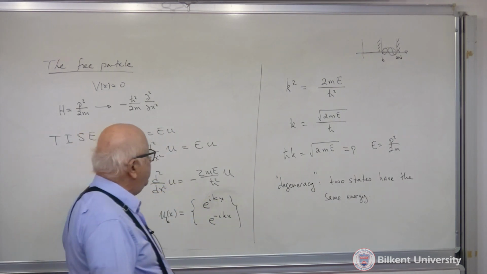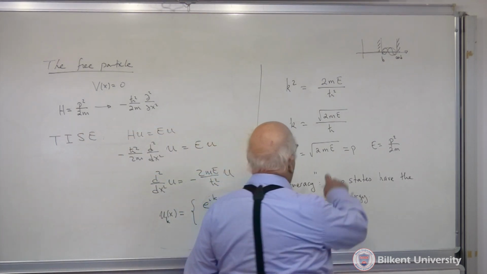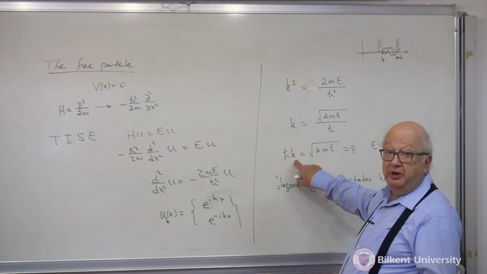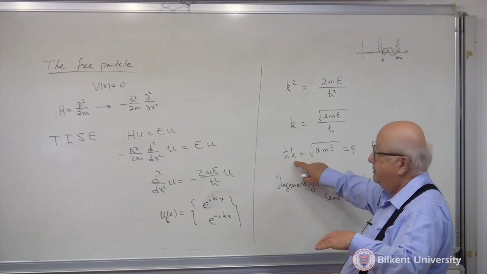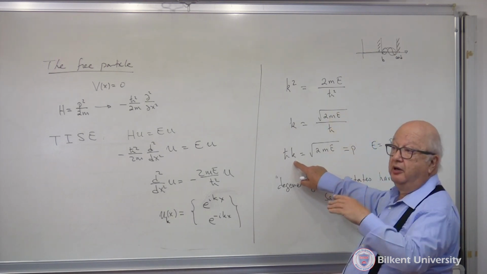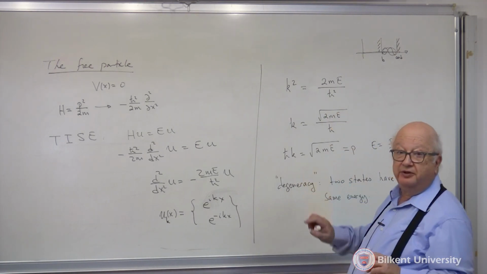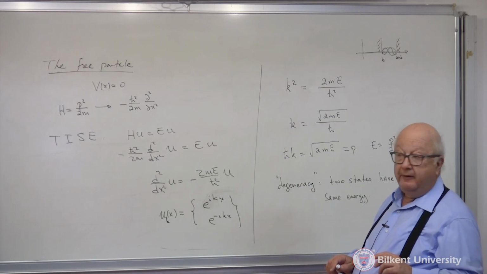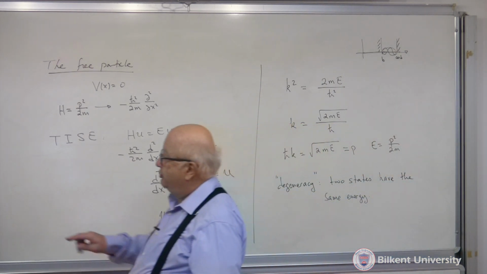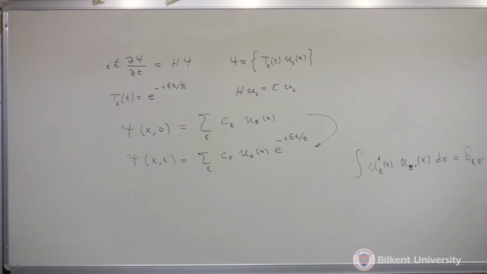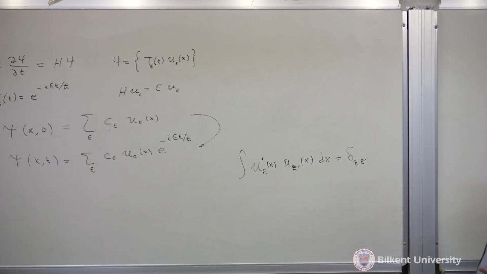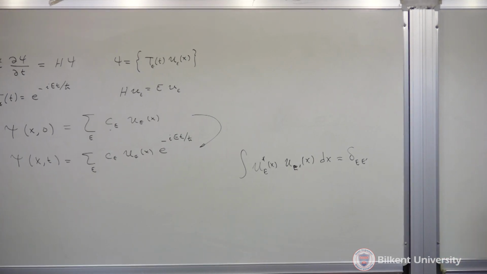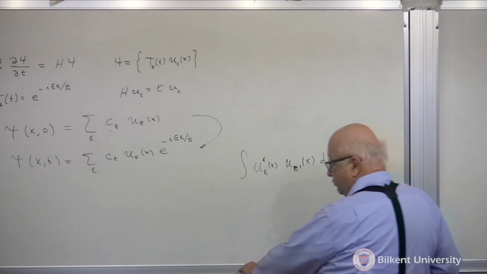The energy has to be positive, but k itself can be a continuous variable, either from 0 to infinity or 0 to minus infinity. So I can no longer use this type of orthogonality directly. But what I can do, which is very convenient, is to use a different type of orthogonality.